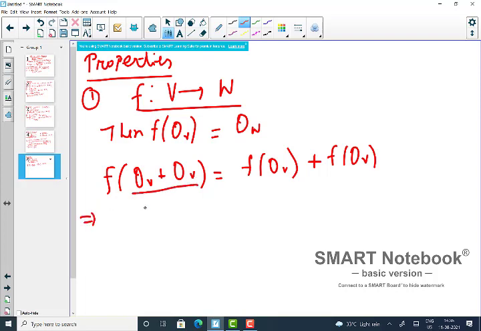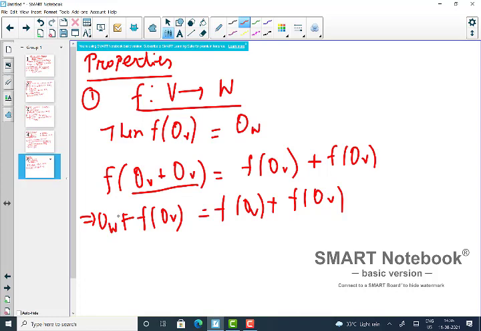So the left hand side will be f of 0_V and the right hand side will be f of 0_V plus f of 0_V. Inside W, you can add the zero vector of W here, it never changes anything. Now you can apply the cancellation property, so this will get cancelled, and hence the image of the zero vector of V is nothing but the zero vector of W. Okay, so this is a simple property.